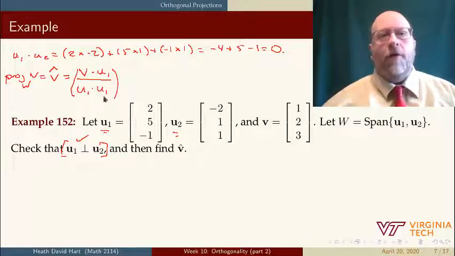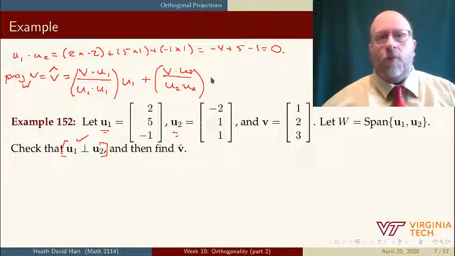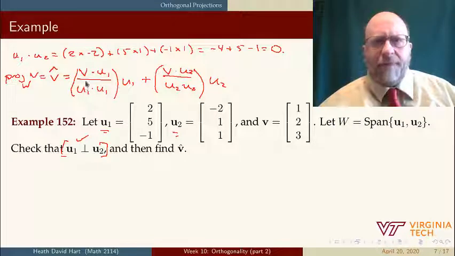This will be a number, and we'll take that number times this vector u1. So u1 shows up again in the formula. And then we'll do the same thing onto this other vector, v dot u2 over u2 dot u2. This will be a number. We'll take that number times u2. Add these together, this gives us a projection. So let's calculate this out.